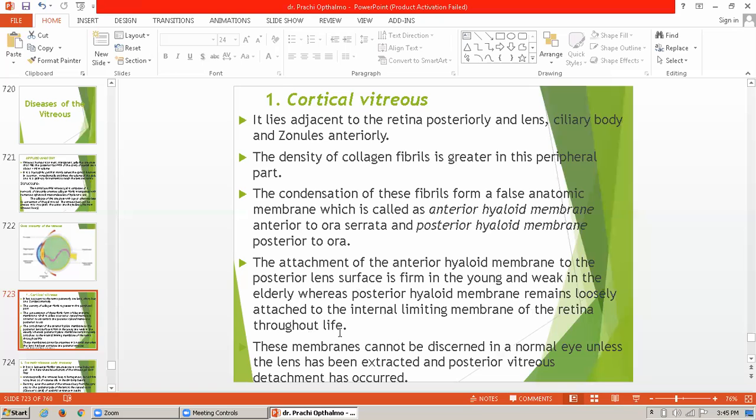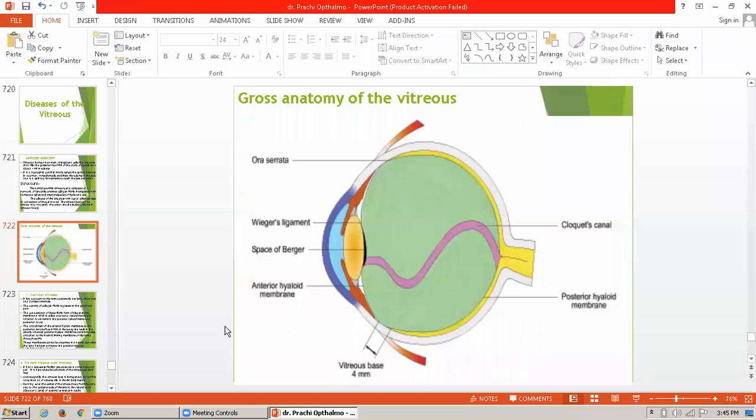So remember, the anterior hyaloid membrane attaches to the posterior surface of the lens, and the posterior hyaloid membrane is attached to the surface of the retina.